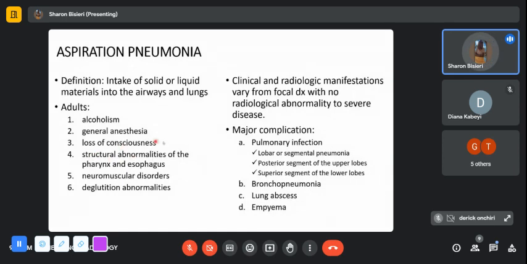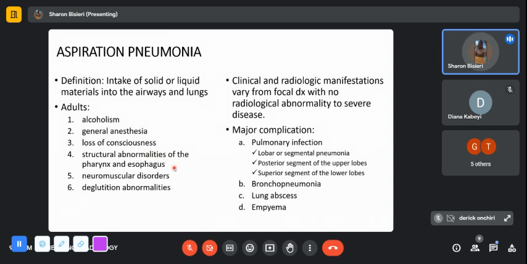In individuals who have loss of consciousness, also because of that impaired gag reflex. Structural abnormalities of the pharynx and the esophagus can also predispose one to aspiration, as can neuromuscular disorders that impair the gag reflex, and deglutition or swallowing abnormalities.